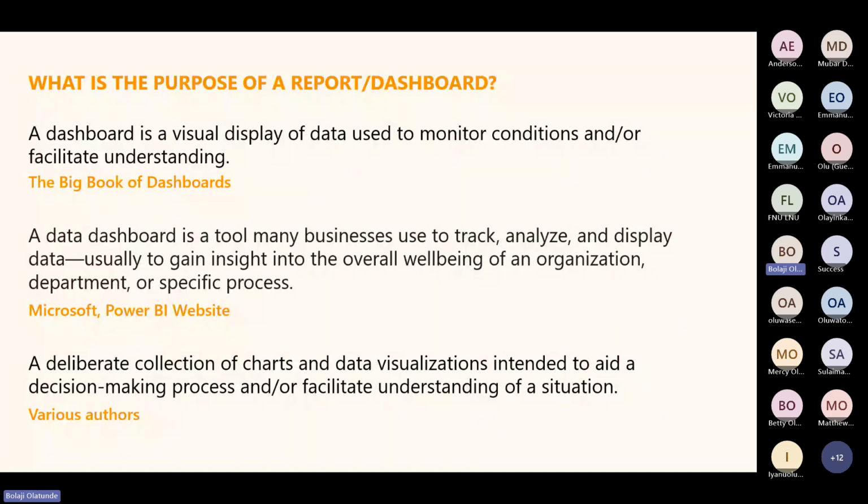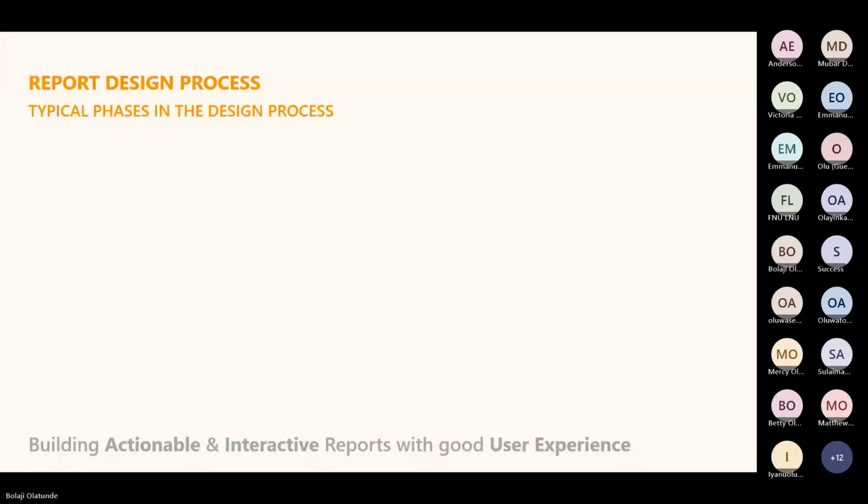Right. Now, the title of the session says what? Building actionable and interactive reports with good user experience. The next question is now, how do we go about creating that report, right? How do we go about designing that report?